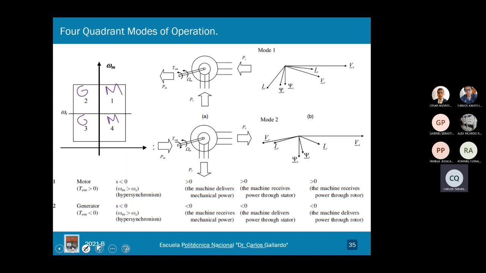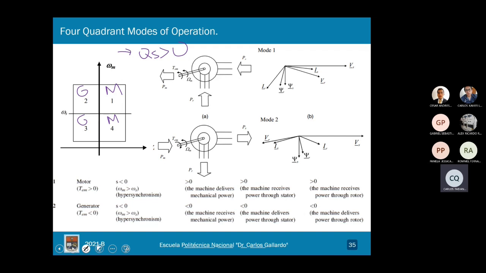This figure summarizes the active power flow schematic, as well as the phasor diagram of all the operating modes of the double fed induction machine. In order to build the phasor diagram, I will assume a positive stator reactive power consumption, that is, the stator reactive power is bigger than 0.